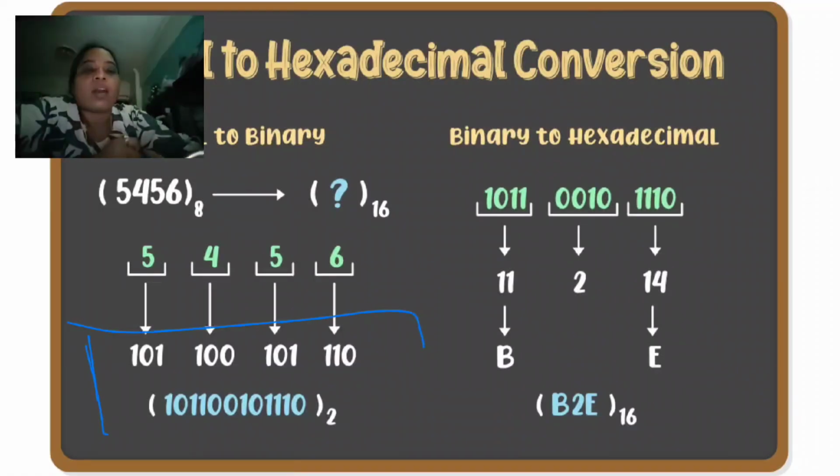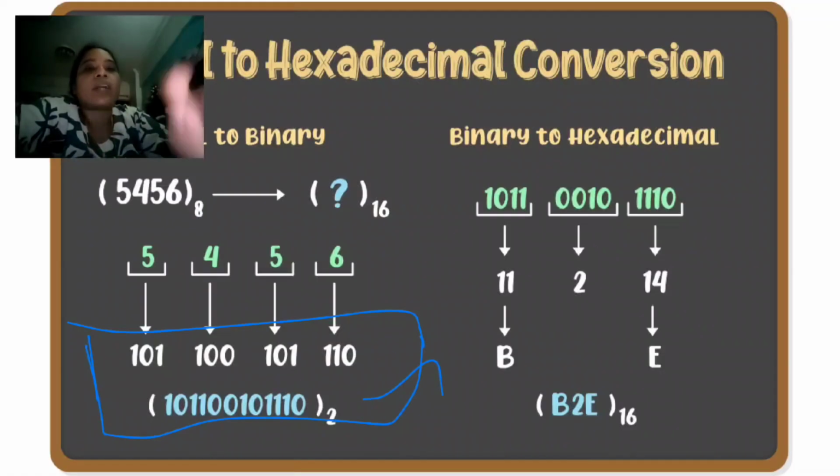So when I am going to join all these bits, okay, here you can get that how many bits: 3 6 9 12 bits. So here you can get that 12 bits of binary digits of octal value 5456.